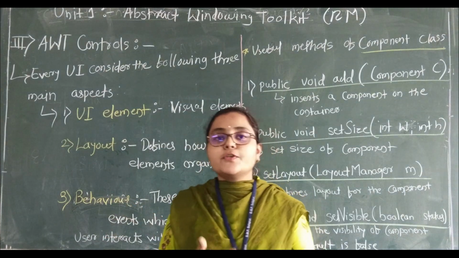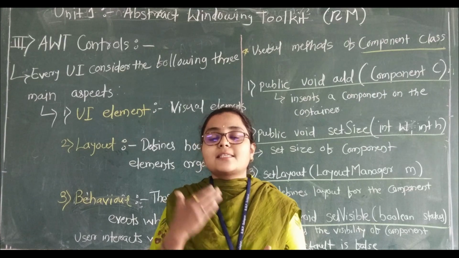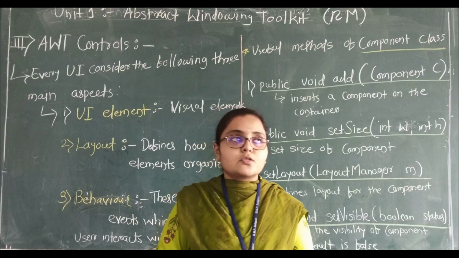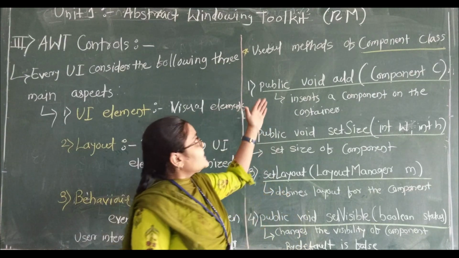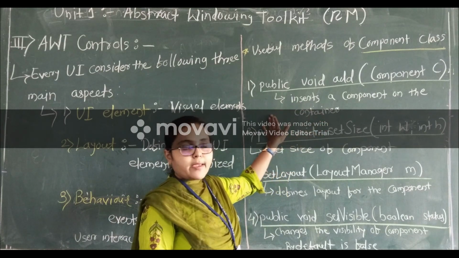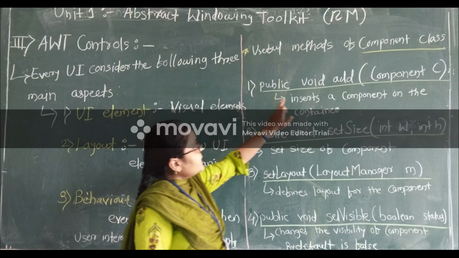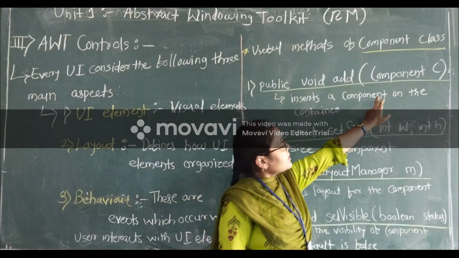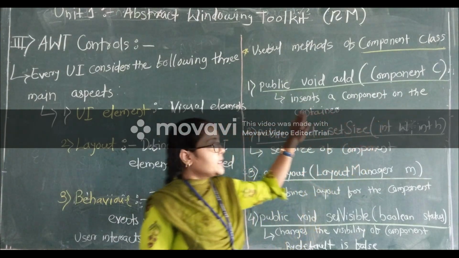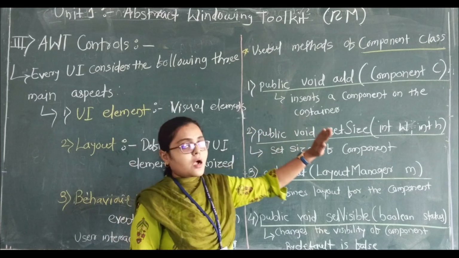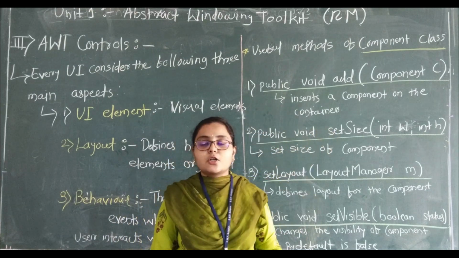Again, those visual elements are subclasses of Component. So there are basic methods used by the Component class. The first one is public void add(Component c). This method inserts a component on the container.